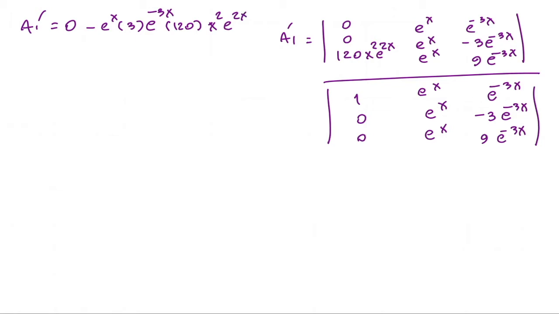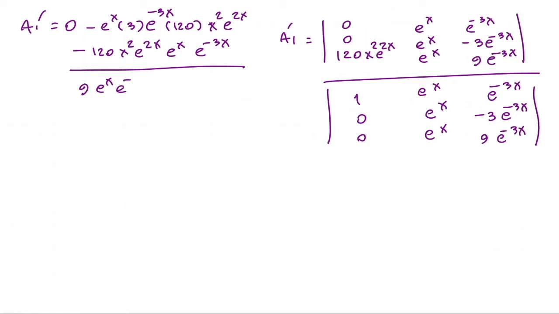After that this term needs to meet this term, and this term is 0. So it is this term, which is minus 120 x squared e to the 2x, e to the x, e to the minus 3x, divided by here you have 9 e to the x e to the minus 3x.